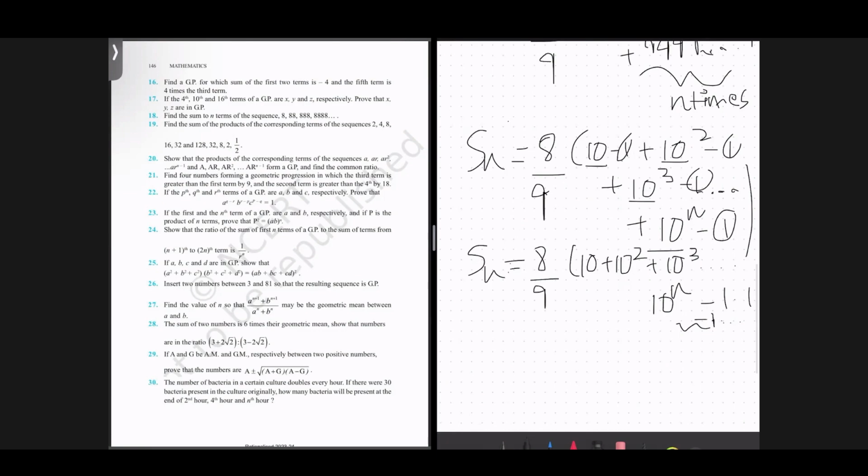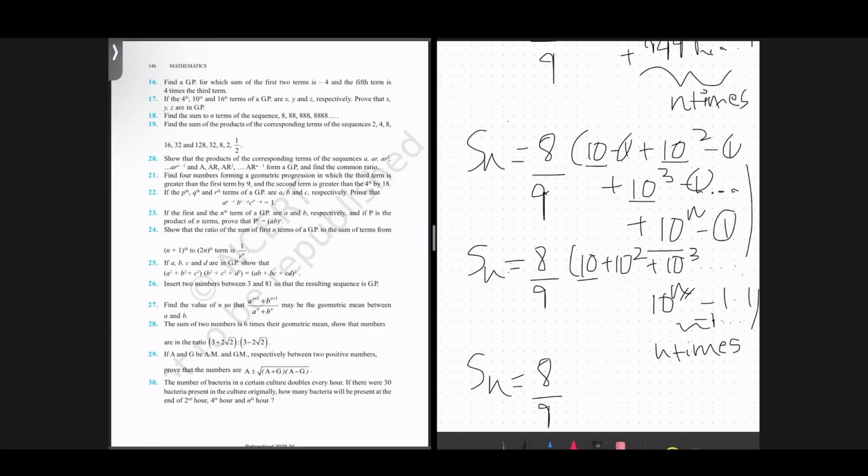Correct. Now, as you all know, the sum of any GP is going to be a into r raised to the power n minus 1 upon r minus 1. Right. So in this particular GP, I have the first term as 10. The common ratio is also 10, and I have n terms. So Sn now becomes 8 upon 9.